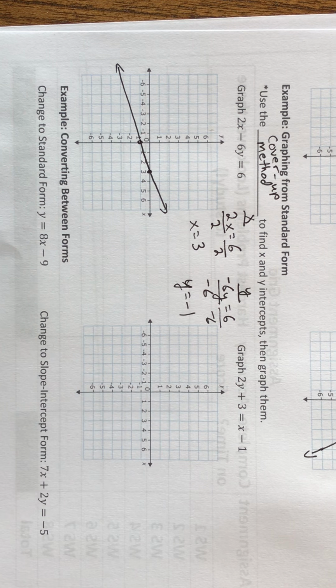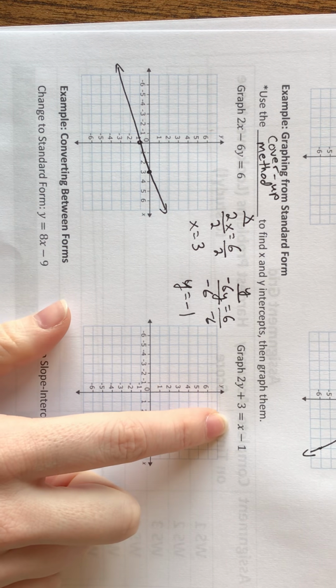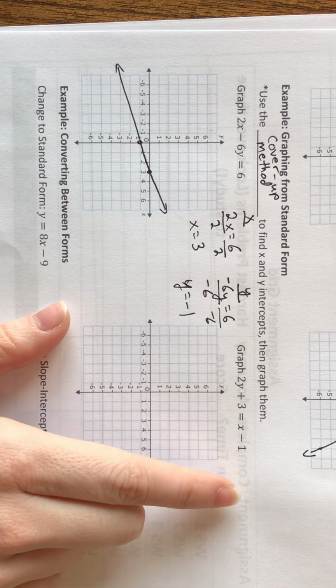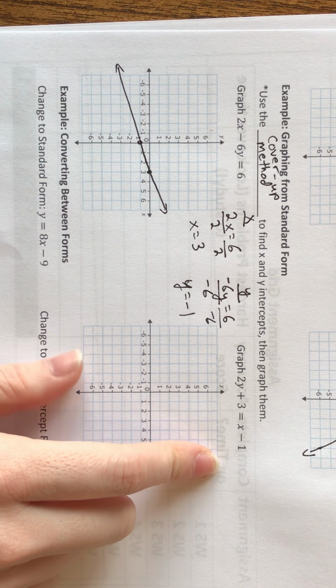Same thing over here, graph 2y plus 3 equals x minus 1. I want to turn this into standard form, and when I look at this, I notice that the x is positive already, and I know that in standard form I need my x to be positive. So I'm going to move these in a specific way that leaves the x positive.